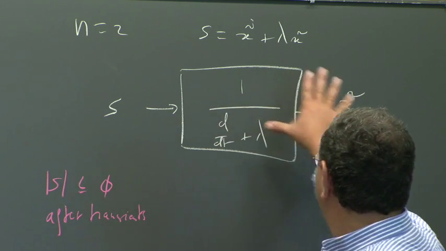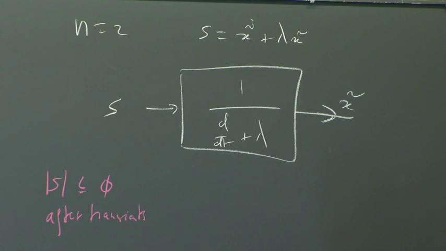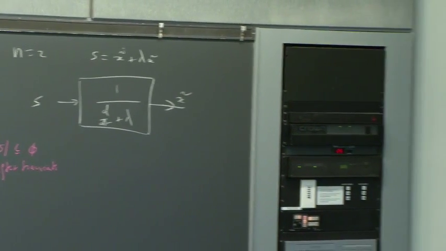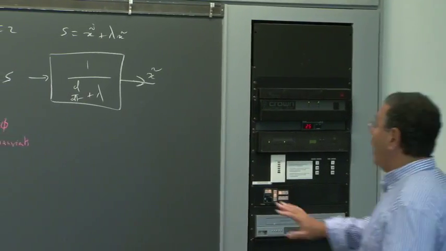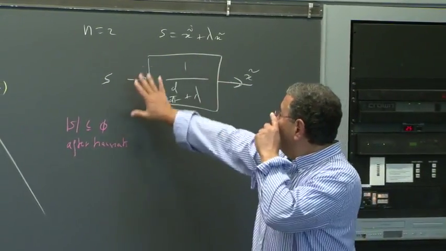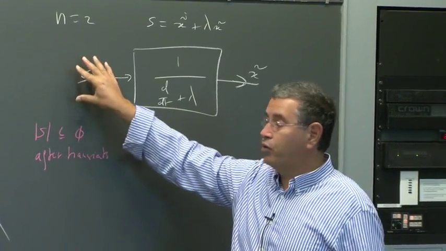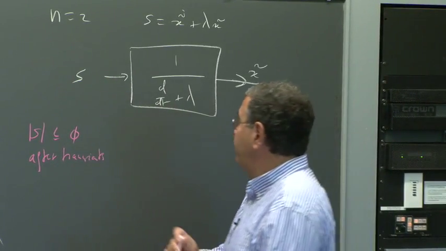Okay, so here we have a linear system, so the effective initial conditions will go away. So we can just look at what happens with arbitrary initial conditions to this system if we give it a function s of t, which is less than phi.